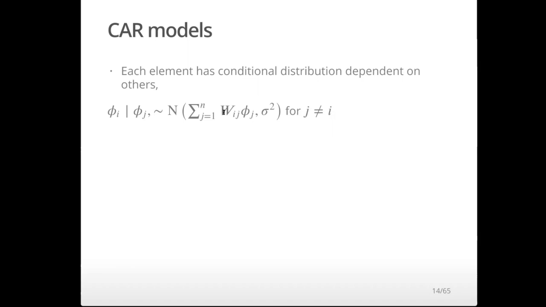It's driven by this formula where we take our W matrix, take all elements of that matrix corresponding to this row, and multiply them by the remaining values. So it's just a weighted average of all of the other values with some estimated variance. The W matrix assigns the weights that determine how these values affect the random effect in question.